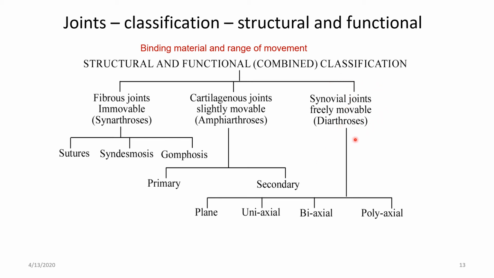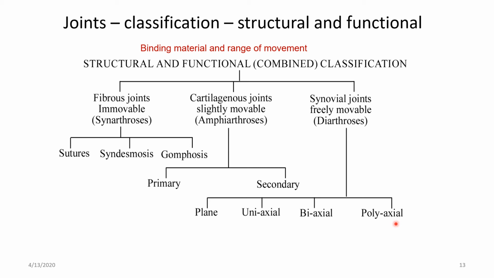Then coming to the synovial joints or diarthrosis, they are divided, depending on the axis, into plane joints, uniaxial joints, biaxial joints and polyaxial joints.